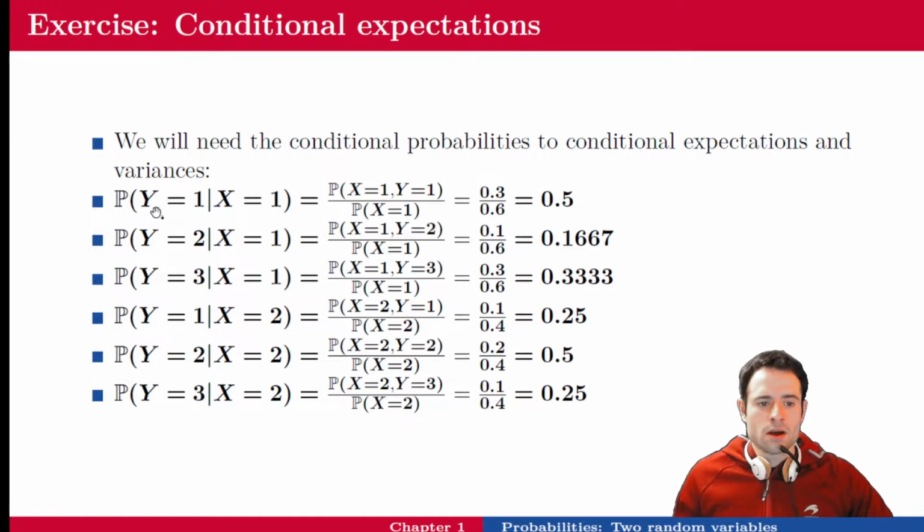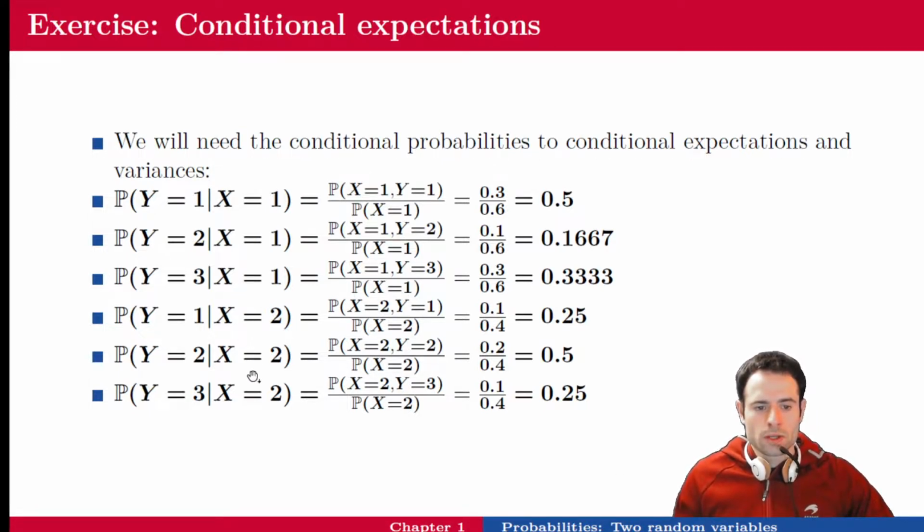So the probability of y being 1 given that x is 1 is going to be the probability that x is equal to 1 and y is equal to 1 divided by what's in the condition. So here it's x is equal to 1, and you will see here at the bottom x is equal to 1, x is equal to 1, x is equal to 1.